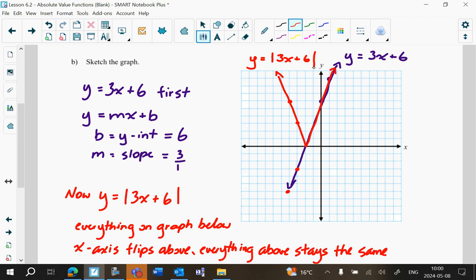So if I ask you to graph one of these, you've got to make it very clear what the absolute value graph is, using different colors, using a pen instead of a pencil or something.